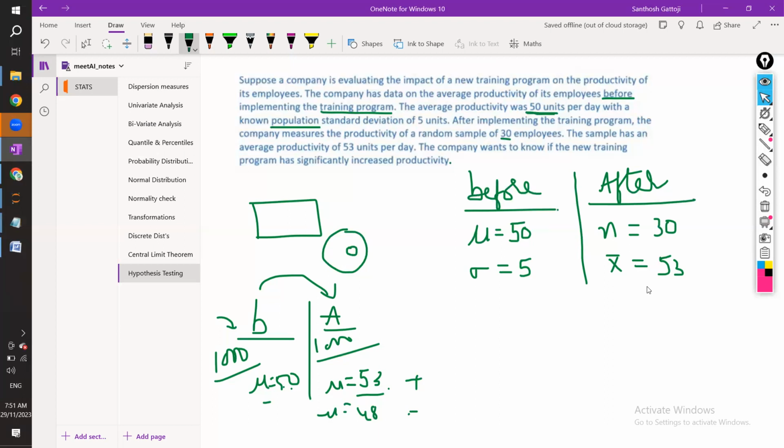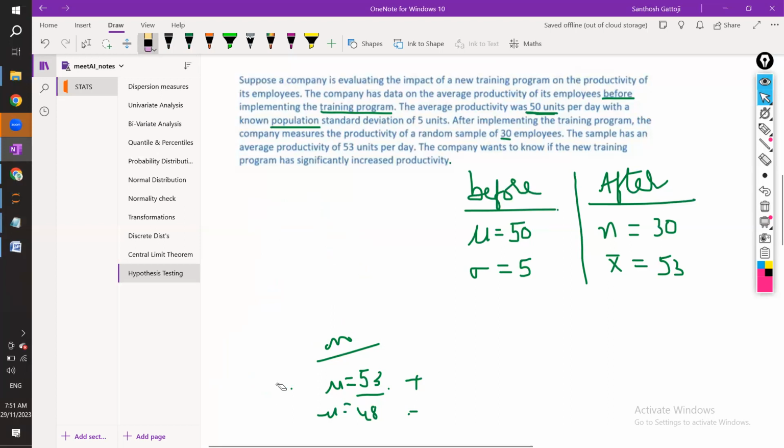Okay, is the example clear? I mean the question clear? Everybody? Karthik, is the question clear, man?